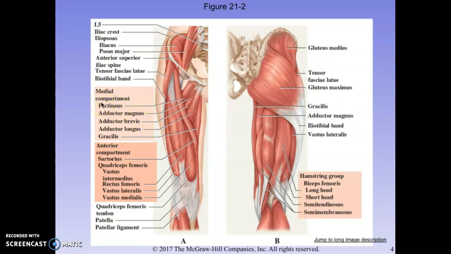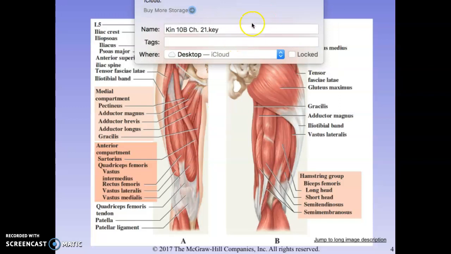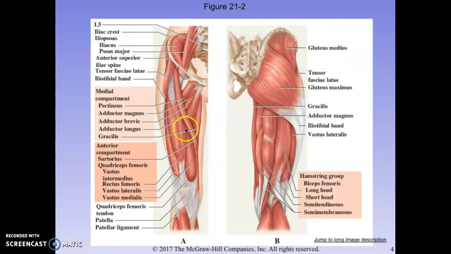Okay, so we have all these adductors. I don't need you to know all of them specifically. Pectineus, adductor magnus, adductor brevis, adductor longus. Those are all part of the groin and the adductors. I do want to point out the gracilis, okay, because the gracilis is on the very inside here, and it comes all the way down past the knee joint and attaches down below the knee joint.